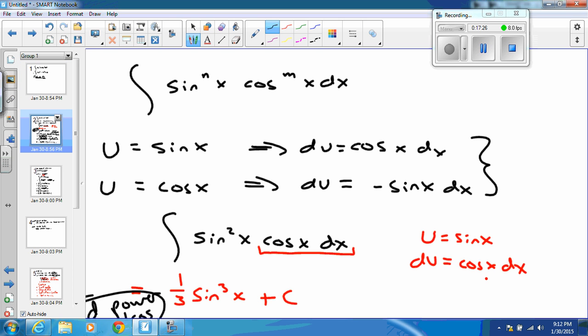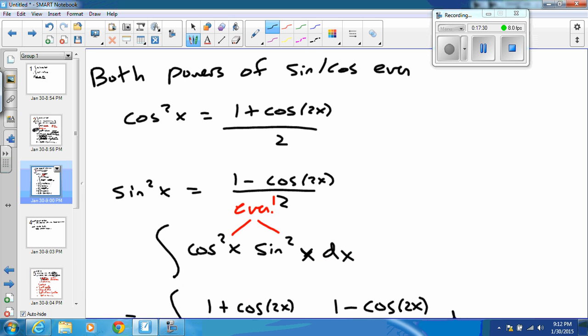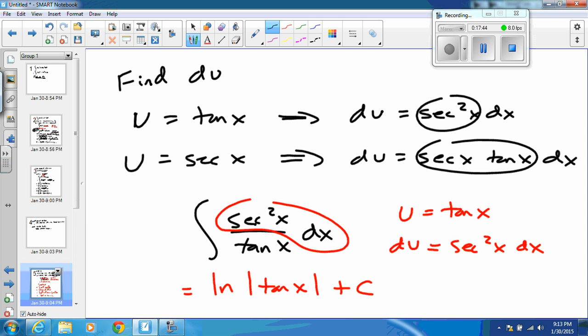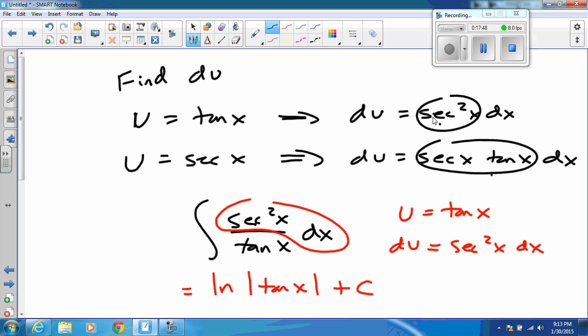Our big idea is to find the du, and the du's that we're looking for are going to be sine x dx or cosine x dx if we can find them. If we cannot, if we have even powers of both, then we're going to resort to double angle identities for sine and cosine.